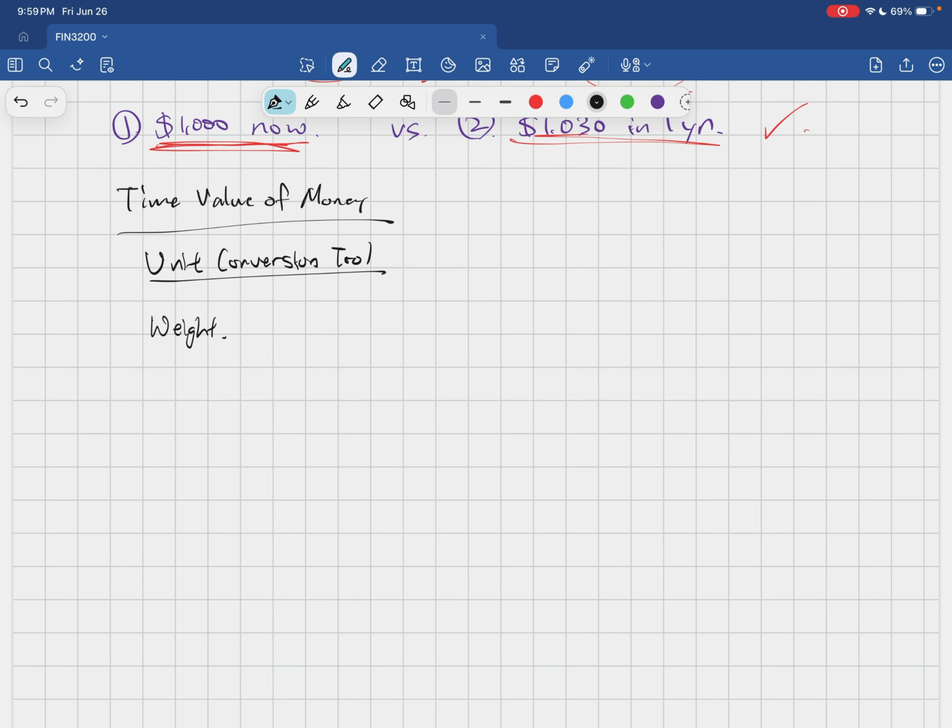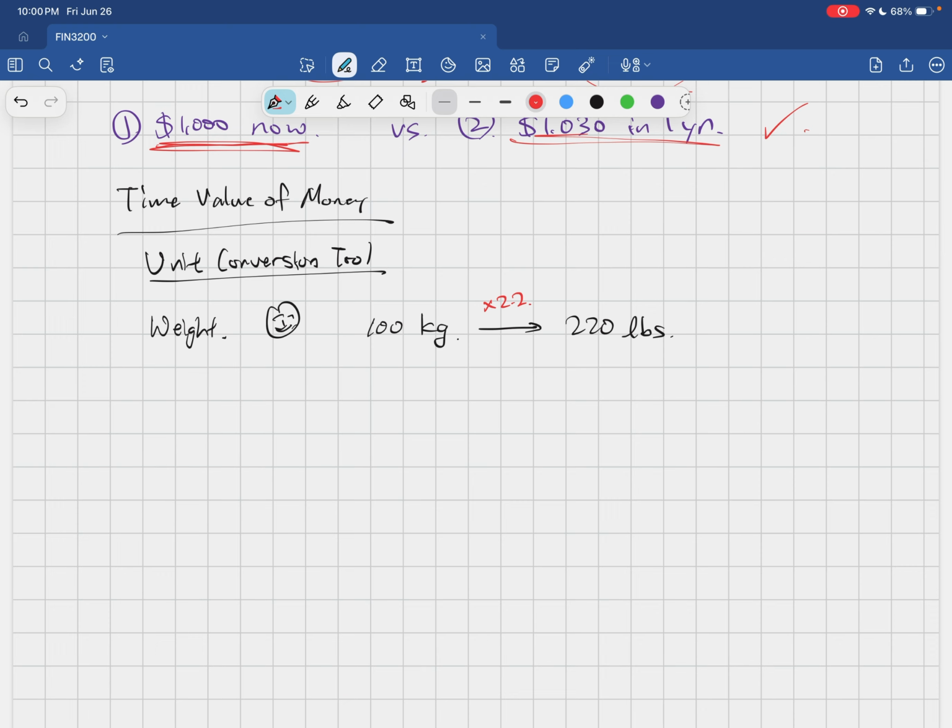Suppose that someone's weight is 100 kilograms. We can display the same weight in pounds. 100 kilograms is approximately equal to 220 pounds, and the conversion factor is about 2.2.